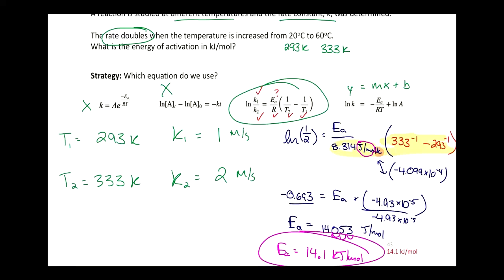All right, so there is the work for the 2-point Arrhenius equation, where I give you 2 temperatures, 2 rate constants, and you determine what that activation energy is there. And so just note that it's K1 over K2, and then you're subtracting the inverse of T2 minus the inverse of T1.